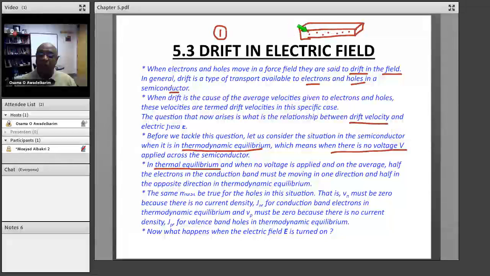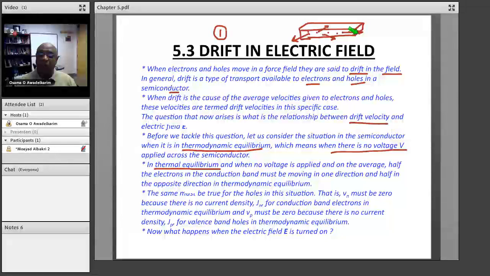They will move in different directions, in this direction, this direction, this direction, but there is no current generated. They just undergo thermal motion because they are heated, there is temperature, they acquire some energy, and then they move around. But they move randomly from one place to another, and they don't produce any current.